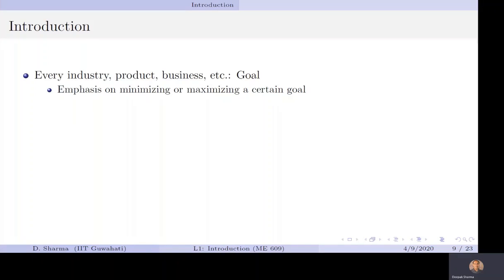So we decide the goal for those industries, and the goal is that we have to either minimize something or maximize something. Some industries want to minimize the cost, and for some other industries, it can be maximization of profit. Depending on the goal of the industry, product or business, you will be either minimizing or maximizing.